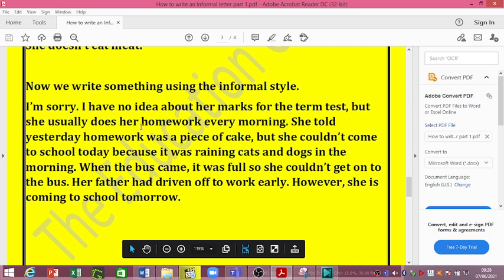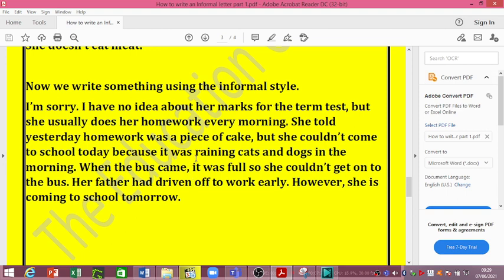Now, when writing this paragraph, there is everyday vocabulary, there are collocations and idioms, there are phrasal verbs, there are short forms. If you apply these techniques to the sentences, this style is called informal style.